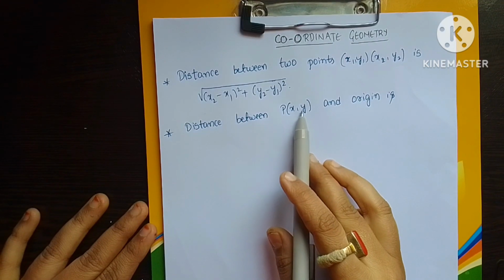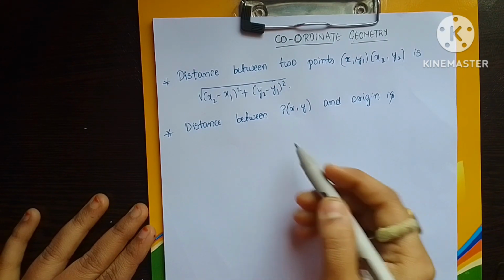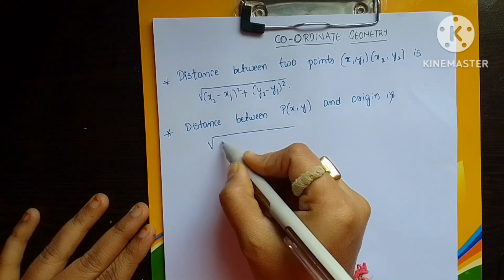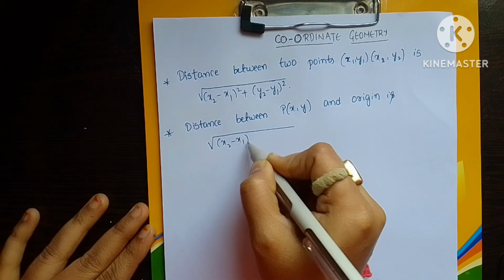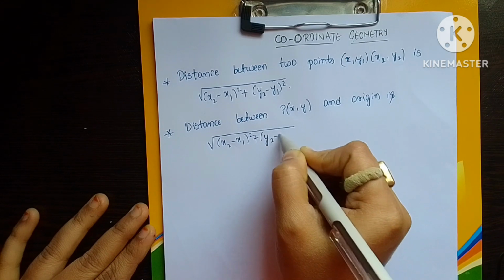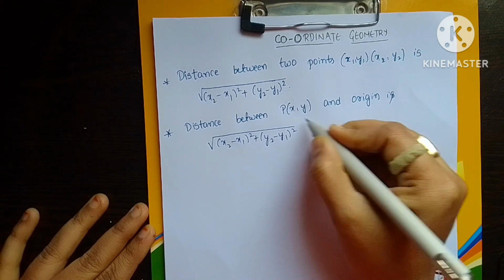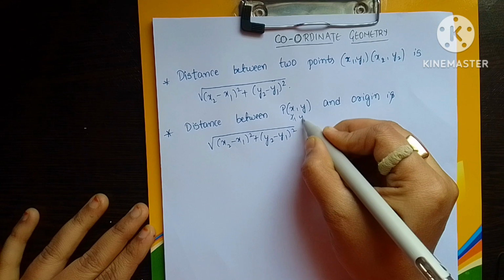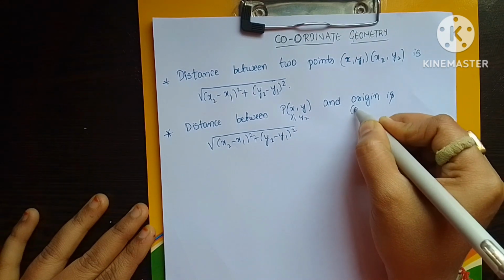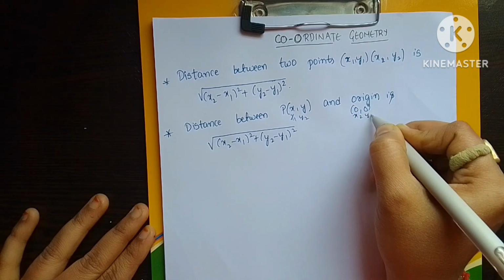Distance between the point P of (x, y) and the origin: we have the formula square root of (x2 minus x1) whole square plus (y2 minus y1) whole square. Here this is x1 and y1, origin means (0, 0), this is x2 and y2.